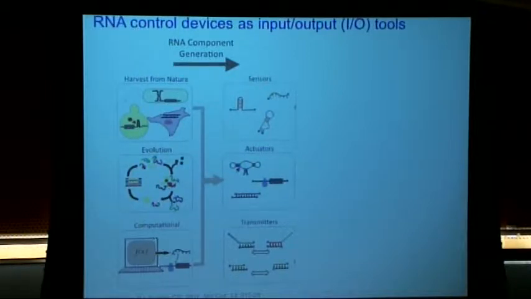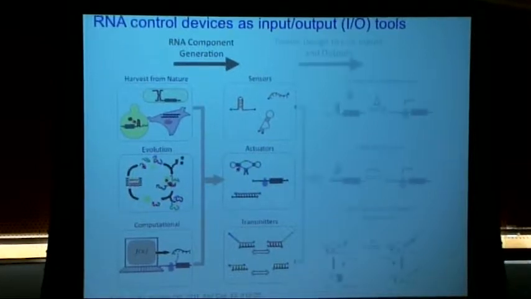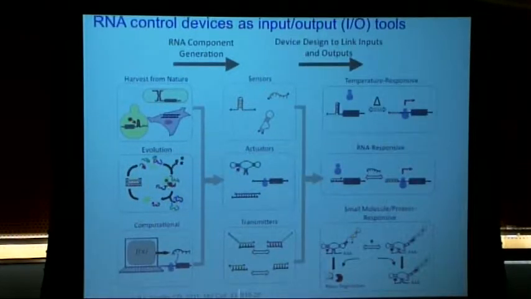Because the function of RNA is largely dictated by its secondary structure, and we have folding algorithms to predict that, there's a lot of computational design that goes into the development of new types of RNA sequences. Finally, these components get integrated and pieced together to build these input-output tools.